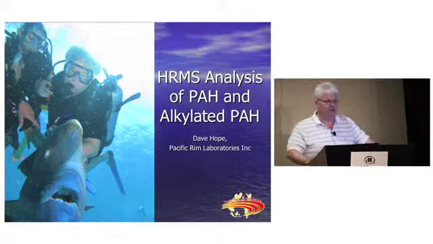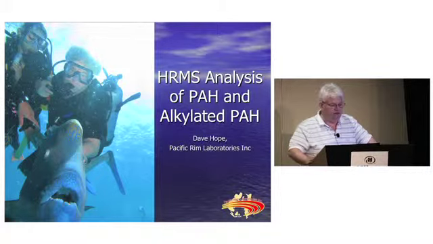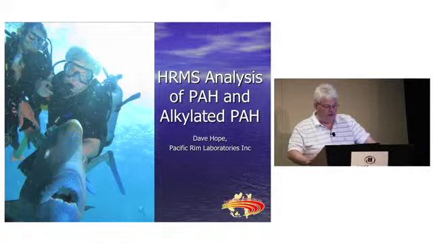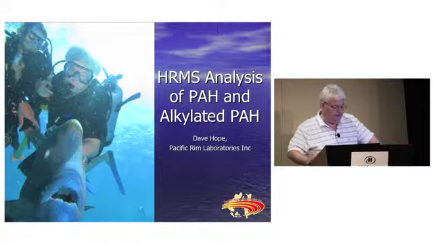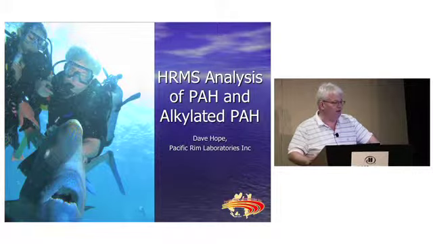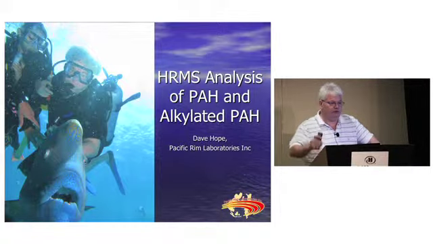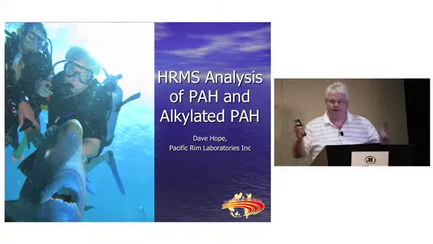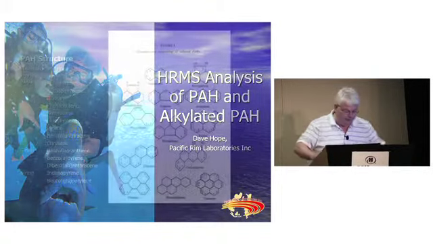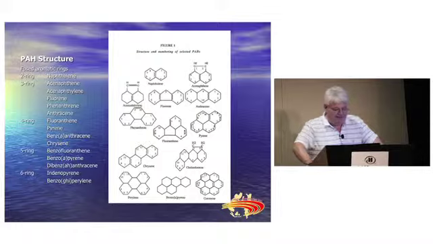You start with the simplest at naphthalene, a 2-ring structure, and you work your way up into the 5- and 6-ring structures with indenopyrene, benzo-GHI. I always state my favorite PAH is coronene, which I don't have a picture of here because it's essentially 6 benzene rings in a donut shape, and I like donuts. But we're not going to talk about coronene today.